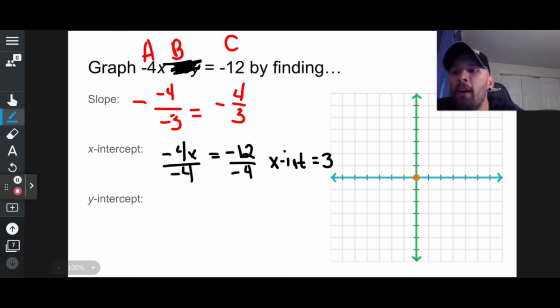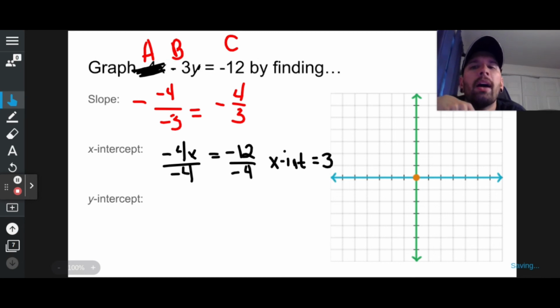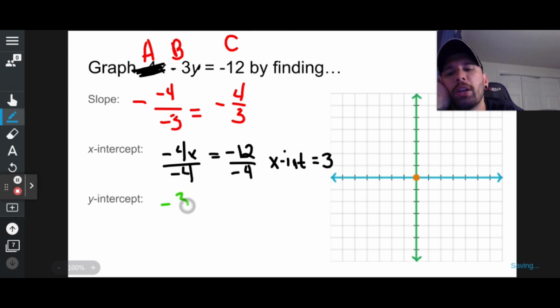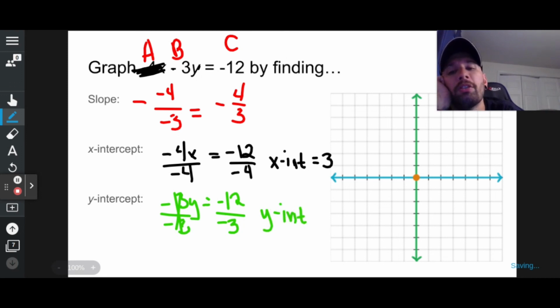The way I find my y-intercept is I pretend that x isn't there, and I make everything in front of that go away, and so I have negative 3y equals negative 12. I'm going to divide everything by negative 3, which means my y-intercept is regular 4, because negative 12 divided by negative 3 is 4.